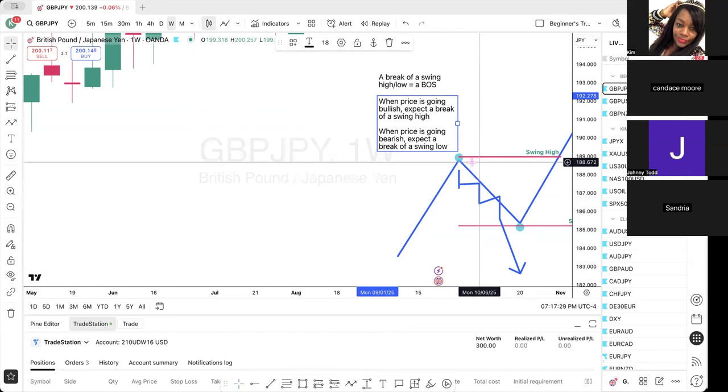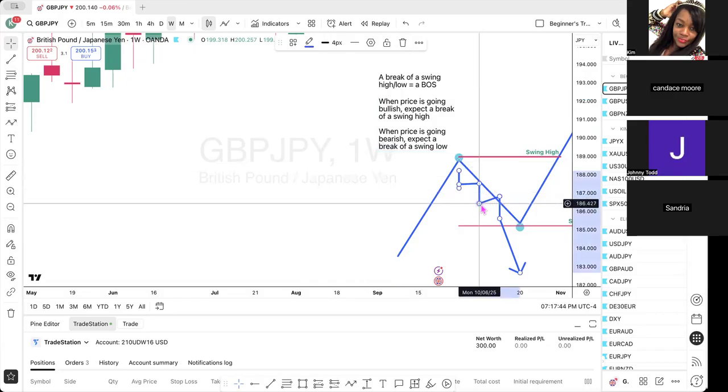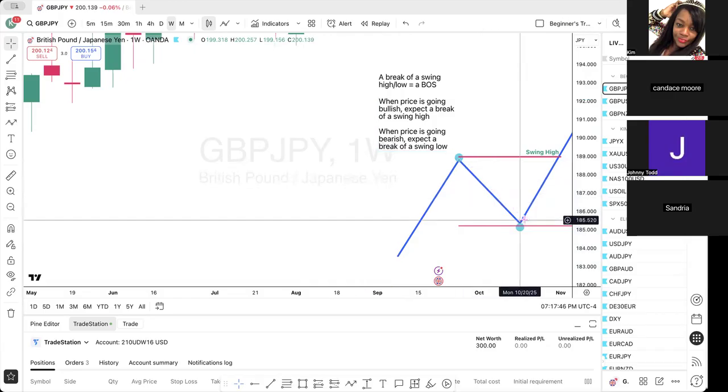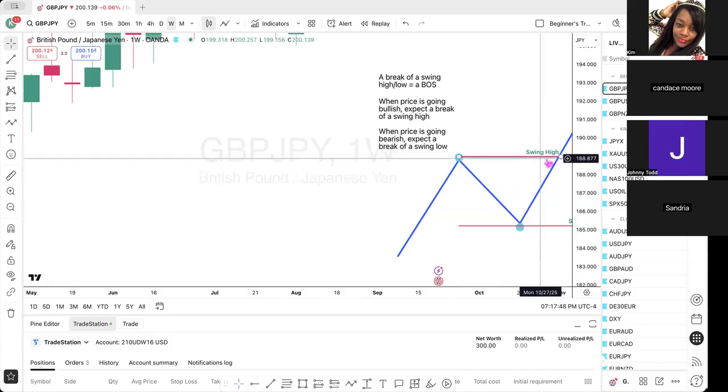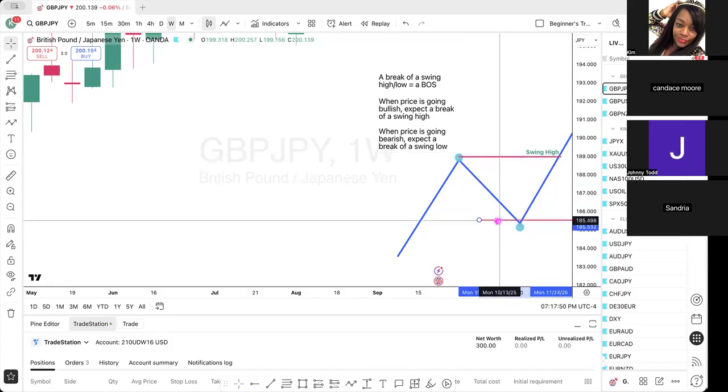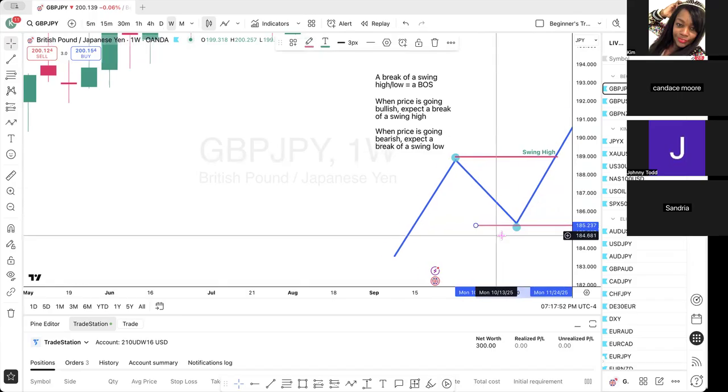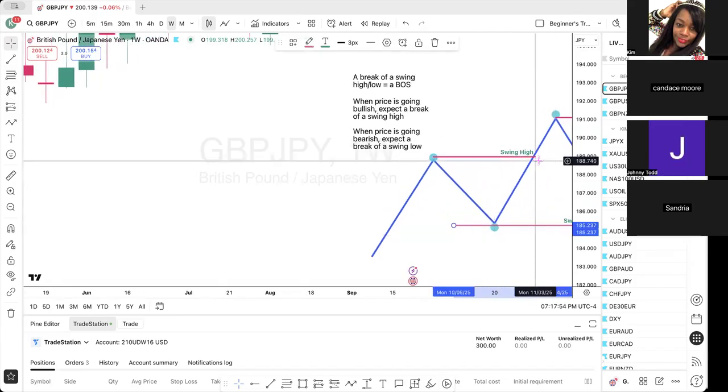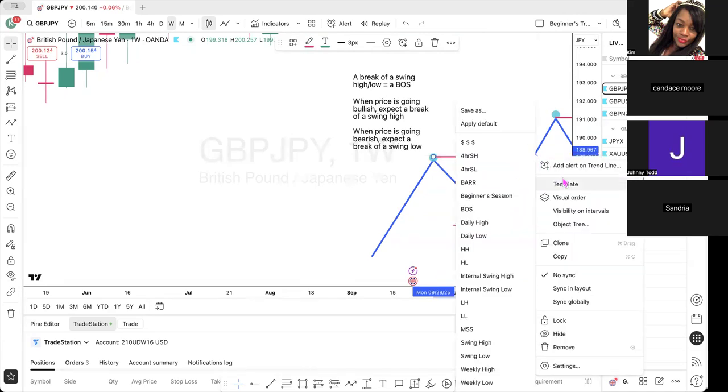And it's okay to lose a trade because if you're trading the trend, if you're trading what you see and not what you think, you're going to win 80-90% of your trades. Okay. So once price broke this high, this officially became a swing low. Okay. This officially becomes a break of structure.